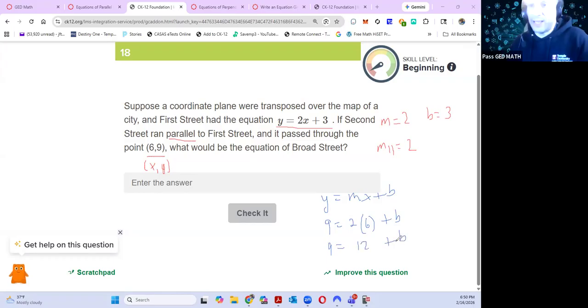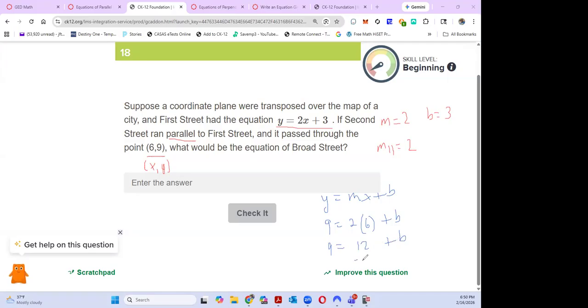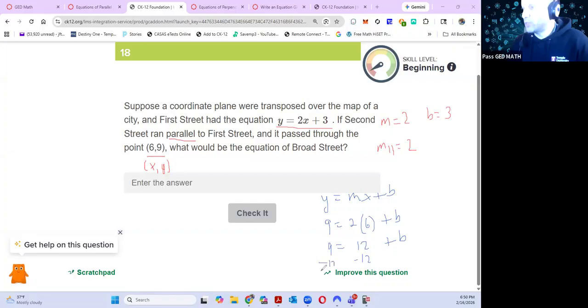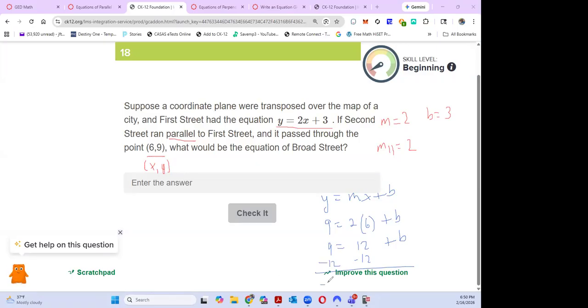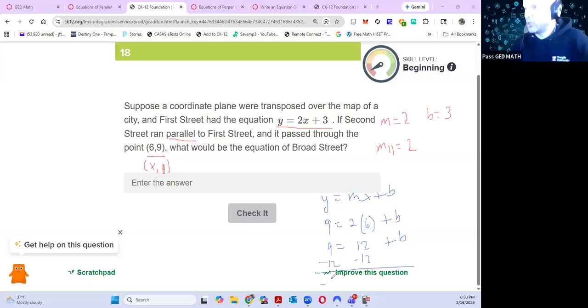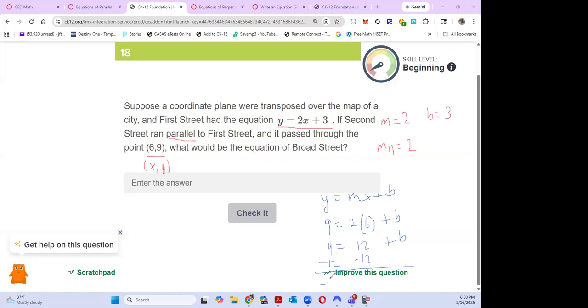In order to get b by itself, what do I need to do? Subtract 12 on both sides. What's minus 12 plus 9? If you don't know, use your calculator. Negative 3.